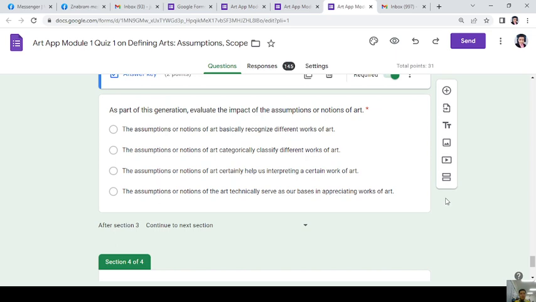Next, as part of this generation, evaluate the impact of the assumptions or notions of art. All right.